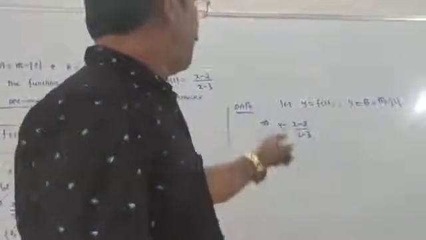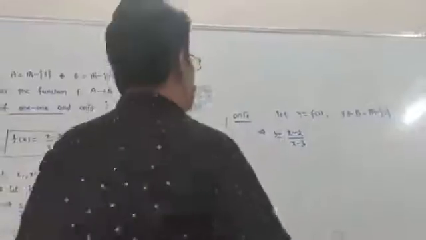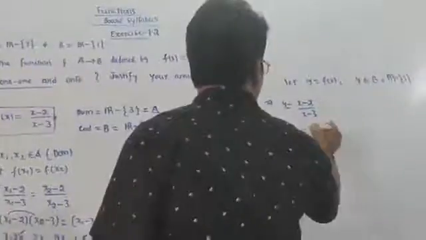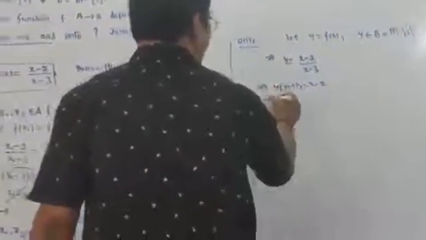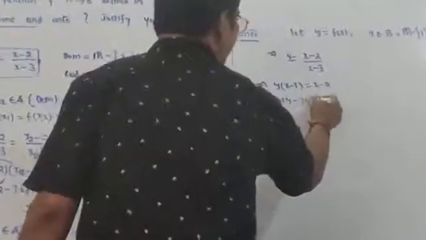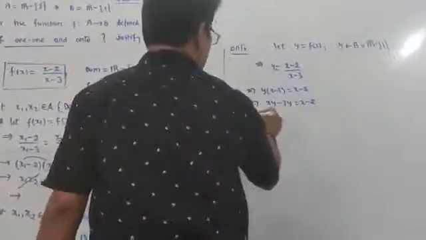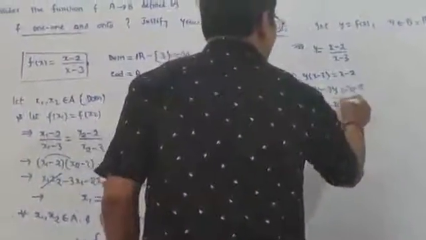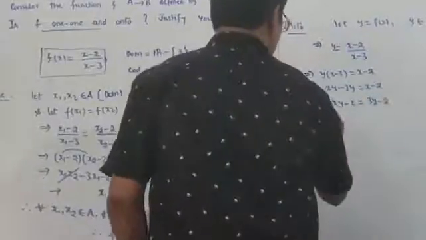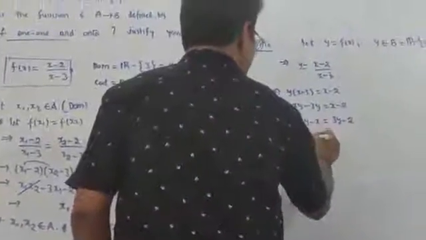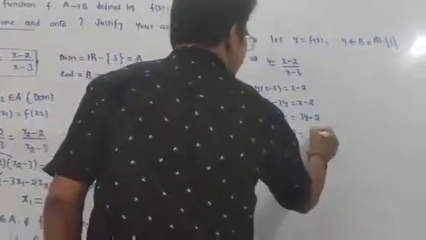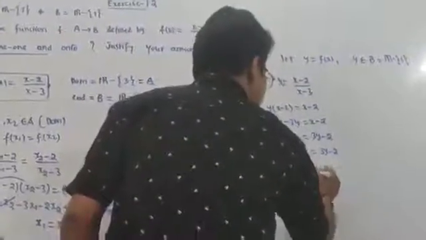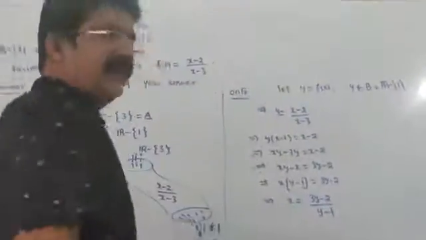What is the procedure? Obtain x from that equation. So cross multiplication: y into x minus 3 equals x minus 2. So x into y minus 3y equals x minus 2. So xy minus x equals 3y minus 2. So x into y minus 1 equals 3y minus 2. So x equals 3y minus 2 divided by y minus 1.